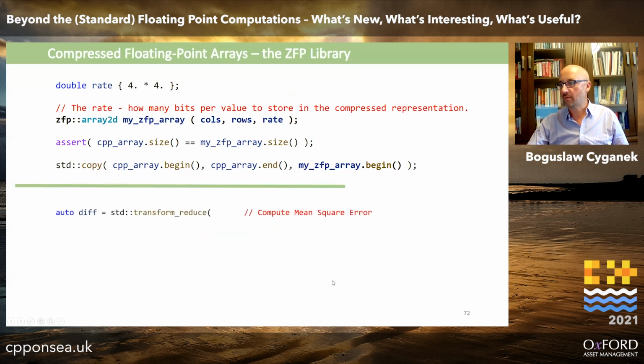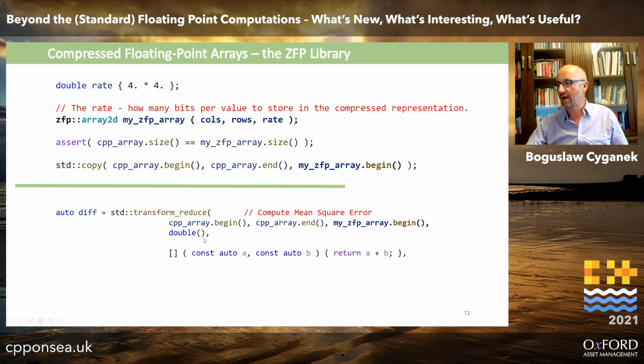And we can, for example, compute mean square error with the std algorithm transform reduce. By the way, this is quite an interesting function. If you haven't used it, just try to play with it. So we start with the CPP array, and with my ZFP array, we start with a double zero value, and we have two functions, one for reduction and the second for transformation.